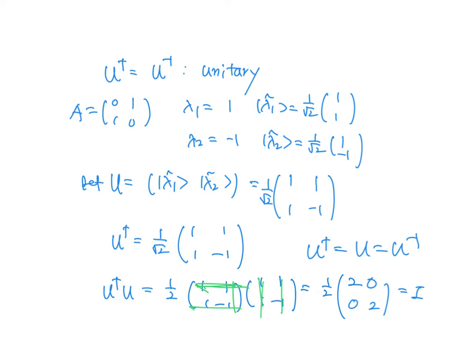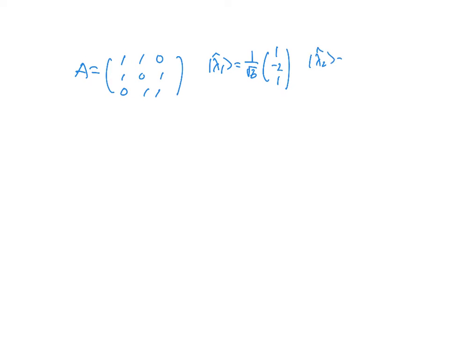So when A is 1, 1, 0, 1, 0, 1, 0, 1, 1, we have lambda 1 tilde, lambda 2, lambda 3.